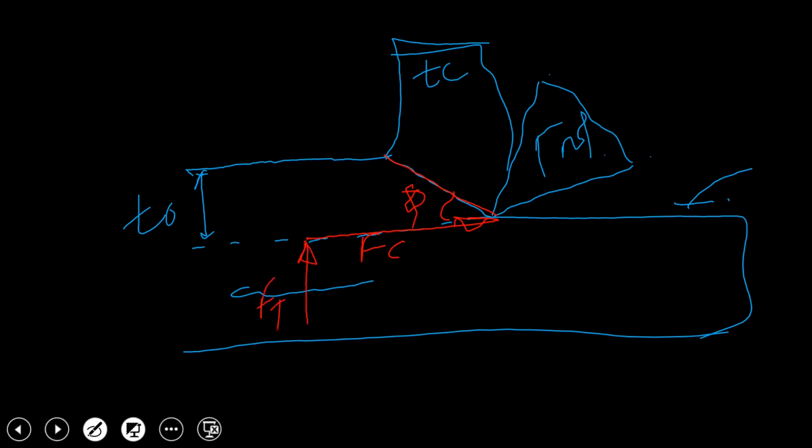Okay, so this is Ft. Now if I calculate the resultant of those two, it will lie somewhere here. Now what I need to do, I will consider this resultant as a diameter, locate the midpoint and draw one circle.